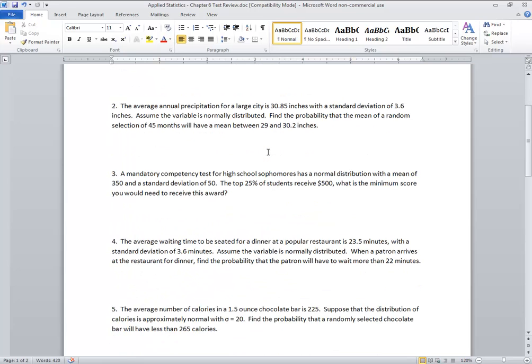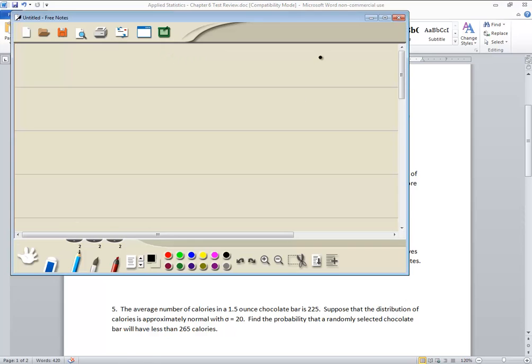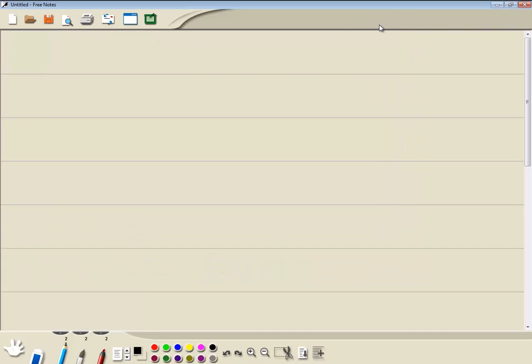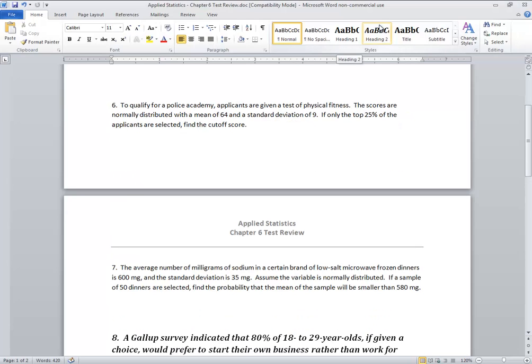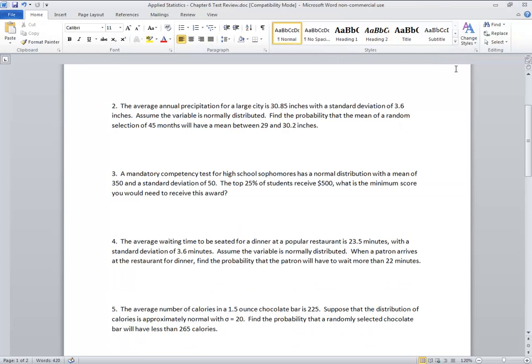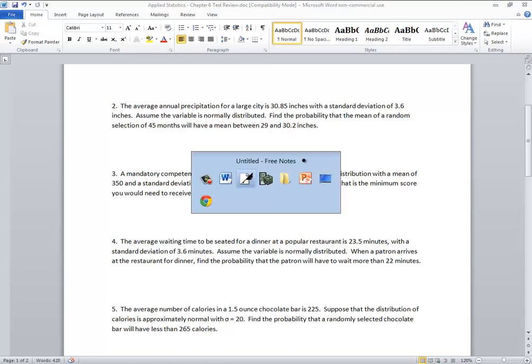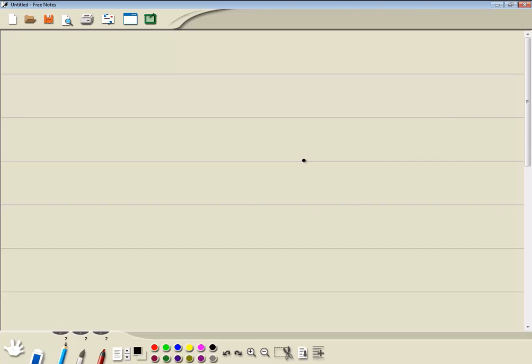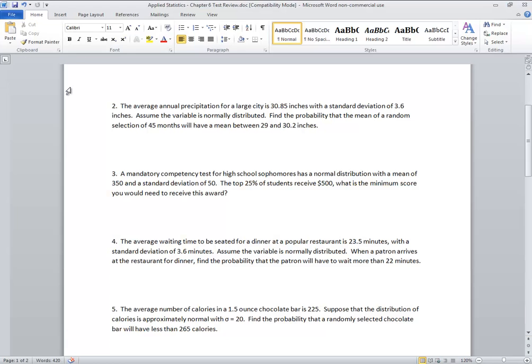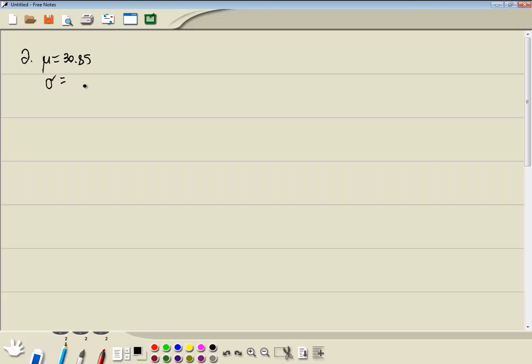Okay, let's look at our second example. Get my pen. Okay. Average annual precipitation for a large city is 30.85, with standard deviation of 3.6.